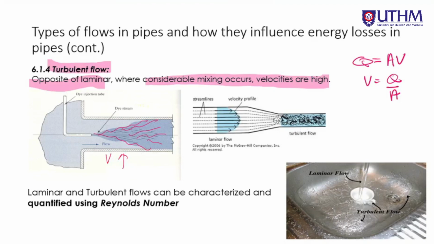Okay, so contoh lain adalah yang ni, yang kita dapat tengok dekat sini juga. If let's say a flow dalam satu pipes yang berbeza diameter, as the flow enters a much lower area, the flow will be turbulent.